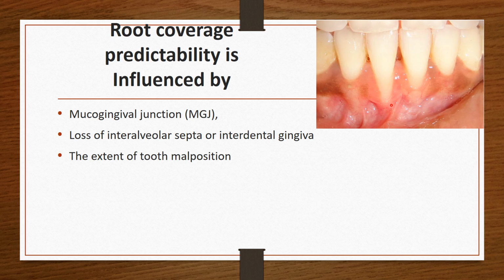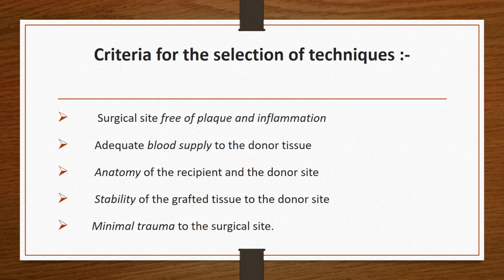Okay, regarding the mucogingival junction, there should be adequate attached gingiva, and only then can they go for surgical procedures like the pedicle type of graft. Or what about the interdental septa or interdental gingiva? If there is interdental bone loss, then it makes it more complicated. And also the extent of malposition, if it is too crowded or labially placed, or if there is thin bone or thin tissue, that will also affect the treatment.